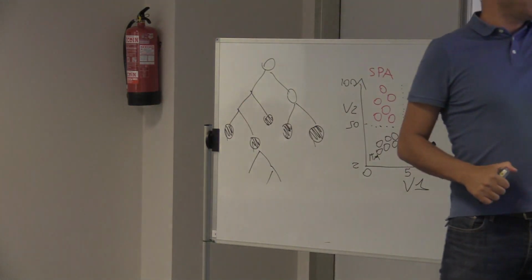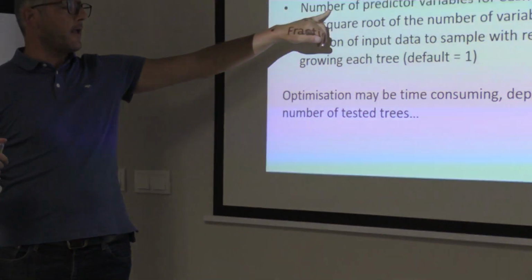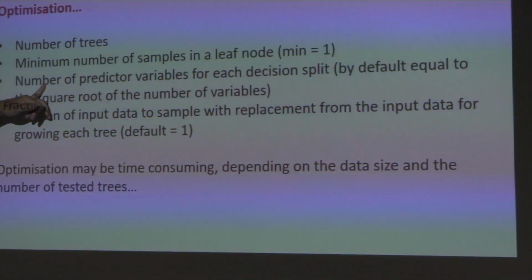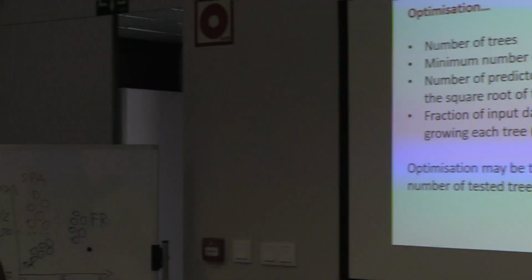For example, in MATLAB, you can decide the number of predictor variables for each decision split, okay? What does it mean?